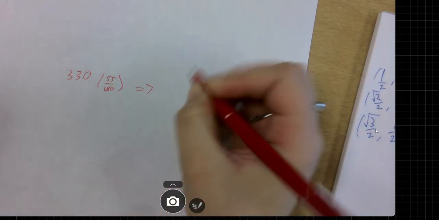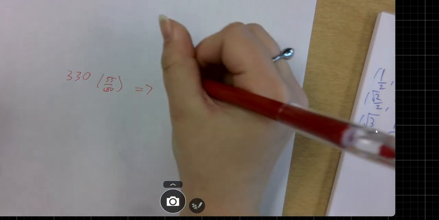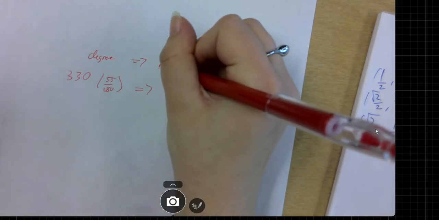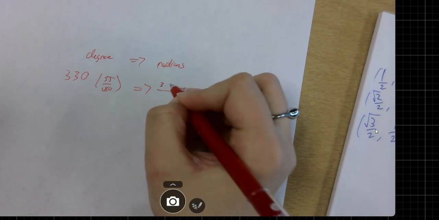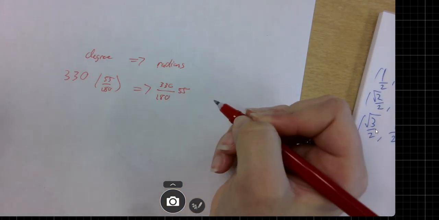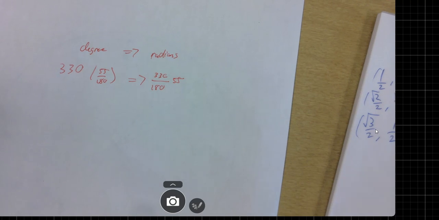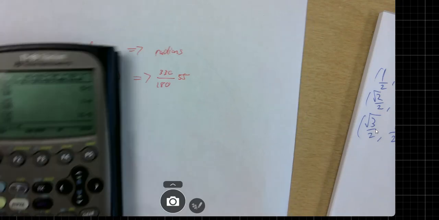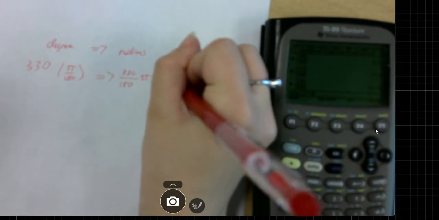And I want pi in my answer, right? This is degrees into radians. So I want to keep pi in my answer, so I'm going to do 330 divided by 180. What would that be in our calculators? Kennedy did it for us, actually. Right there. 11 over 6. So this is equal to 11 pi over 6.